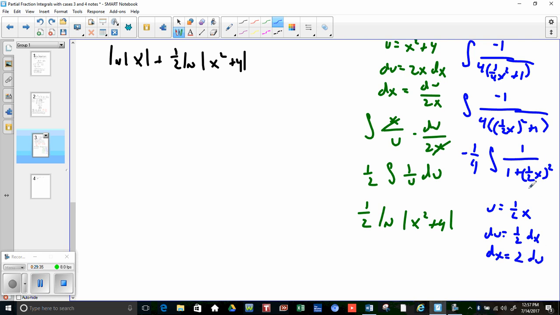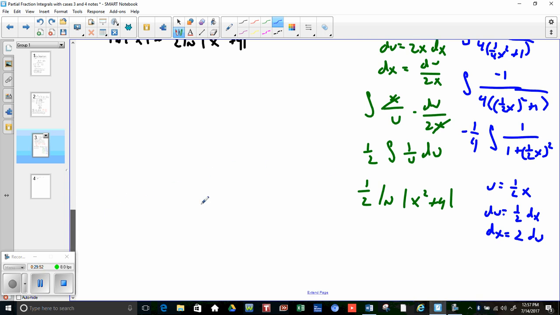Now, you didn't really have to do that part if you understand that the antiderivative here is going to give you the reciprocal of the 1/2 out in front, which is that 2. Again, this is showing every step. This is not something you necessarily have to do if you've memorized the patterns for these.